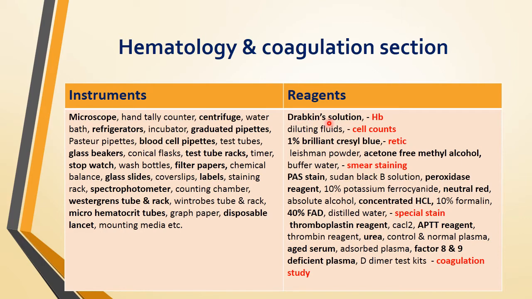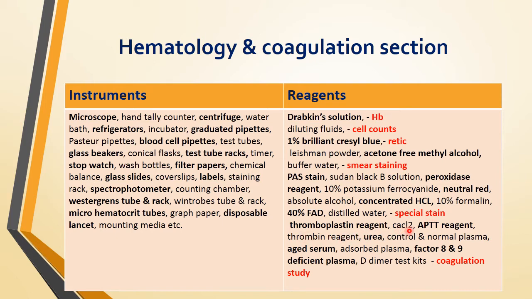Like Drabkin solution for hemoglobin estimation, diluting fluids for our cell counts, 1% brilliant cresyl blue for the reticulocyte count, Leishman powder, acetone-free methyl alcohol plus the buffer water is used for a smear staining, Sudan black stain, peroxidase reagent, 10% potassium ferrocyanide, neutral red, absolute alcohol, concentrated HCl, 10% formalin, 40% formaldehyde, distilled water. These are all the requirements for a special stain.